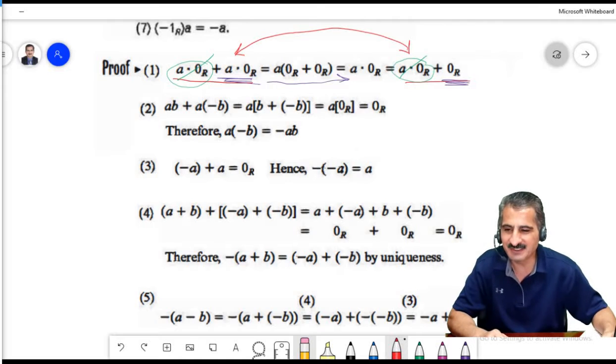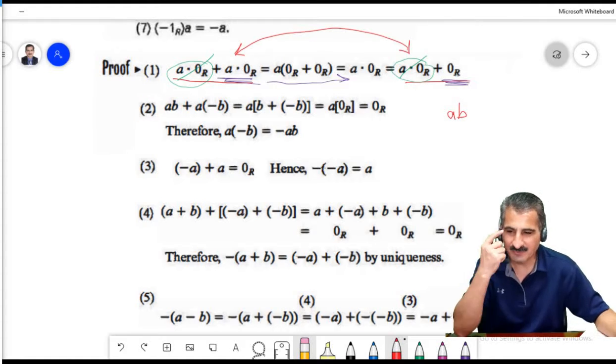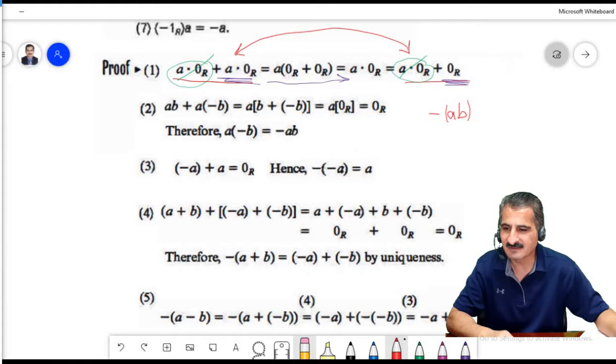In the second part, we want to prove that, look at it very intuitively. A times b. I want to show that the inverse of this element is a times negative b. Did you see what I'm saying?